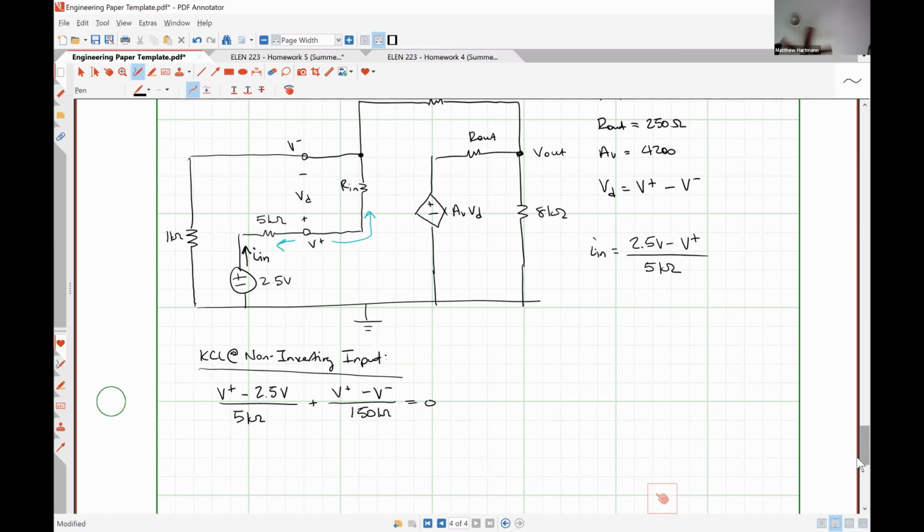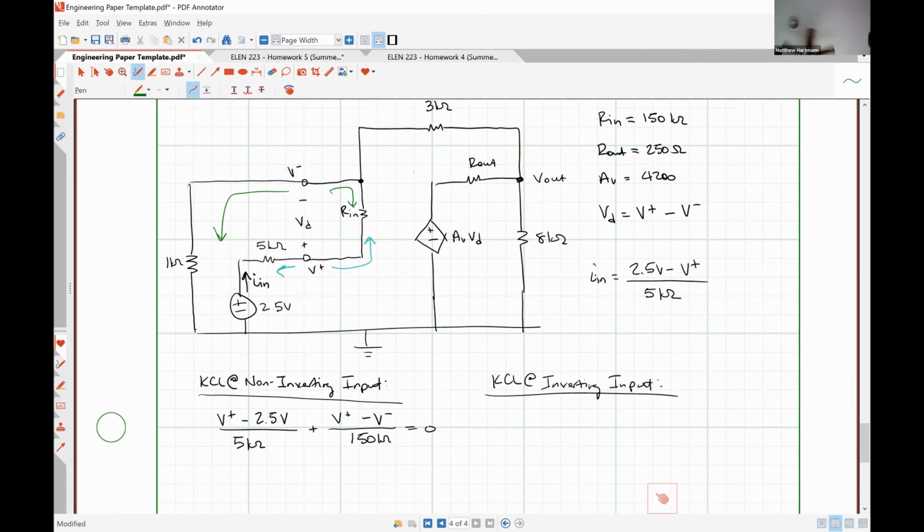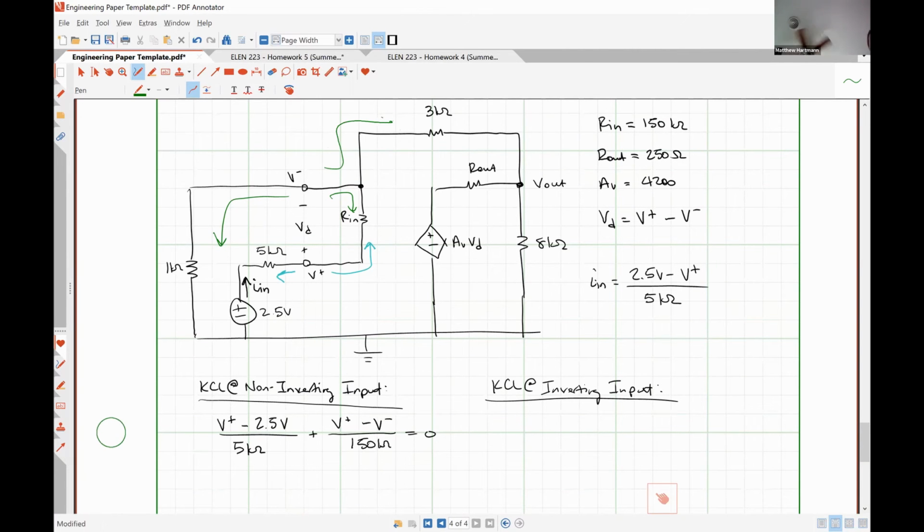We're going to have to do KCL at our inverting input. So that is going to be this current and this current.